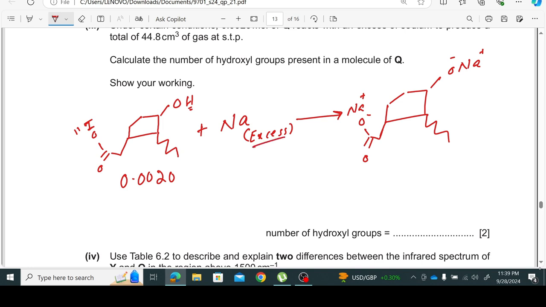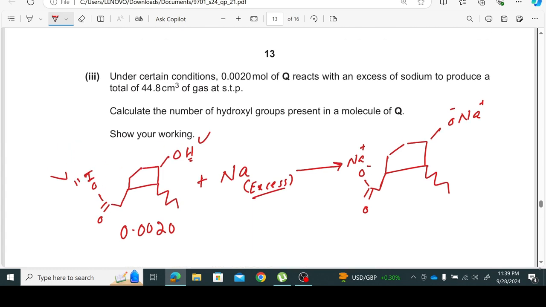Sodium is in excess, that's why it reacts here and here. The question says it produces hydrogen gas, because when an acid reacts with a metal, this H and this H are released as hydrogen gas.